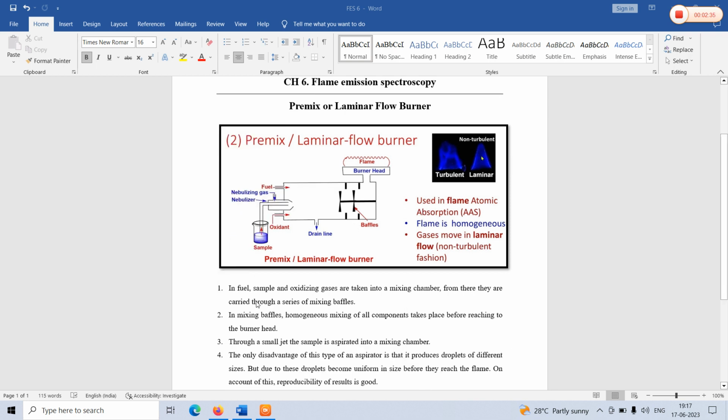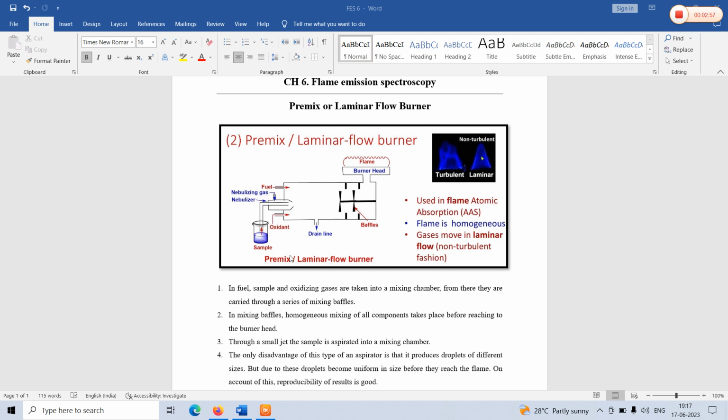Now the first point regarding this block diagram of the premix or laminar flow burner is that fuel, sample and oxidizing gases are taken into a mixing chamber. From there they are carried through a series of mixing baffles.